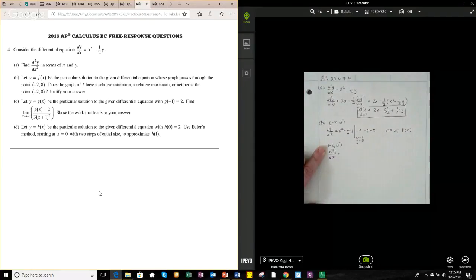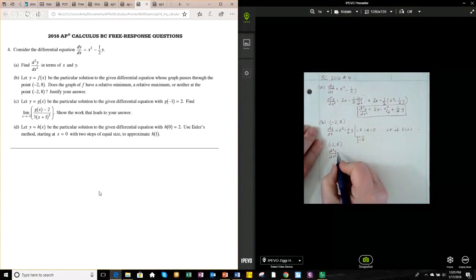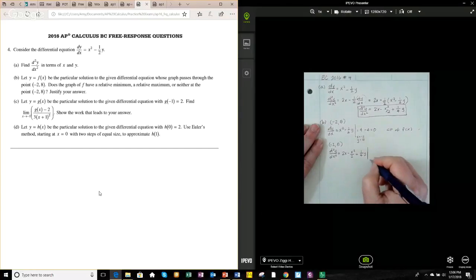So let's figure out what the second derivative test is. That's going to equal 2x minus x squared over 2 plus 1/4 y from above here, such that x equals -2, y equals 8.